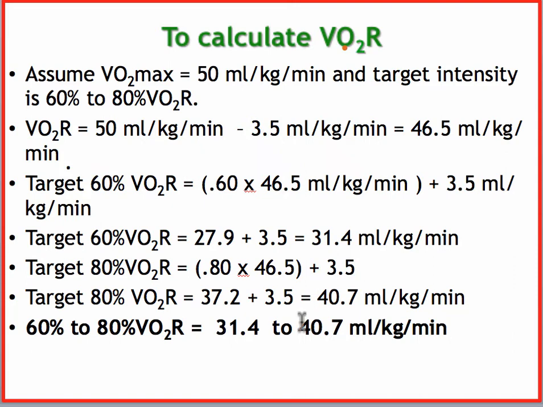So you can send them out on their initial bout, and recommend that they keep their exercise intensity in this range. So about 10 to 12 METs.